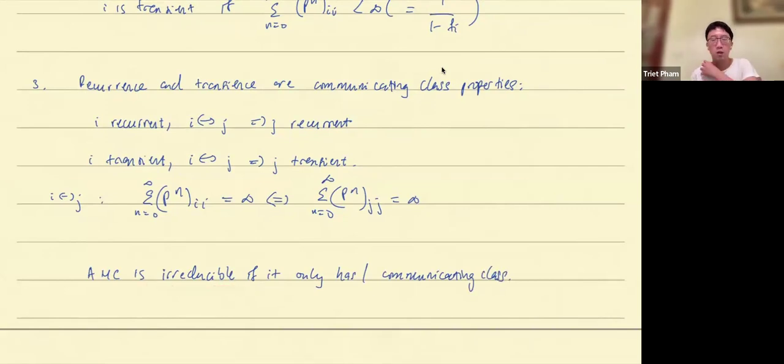A Markov chain is irreducible if it has only one communicating class. The obvious question to ask here is, is that class recurrent or transient? The definition doesn't say which one. Can we add that detail or can't we?